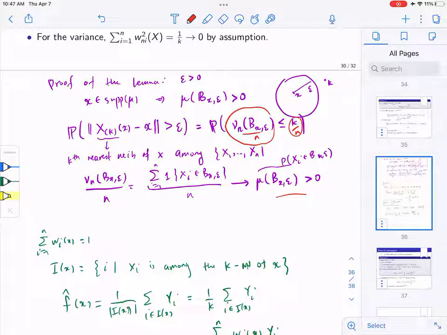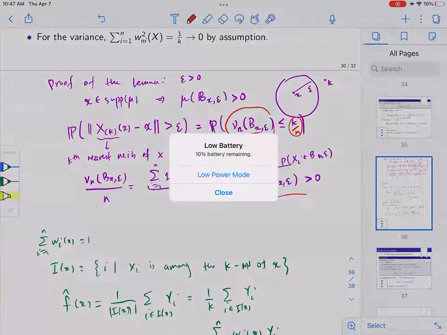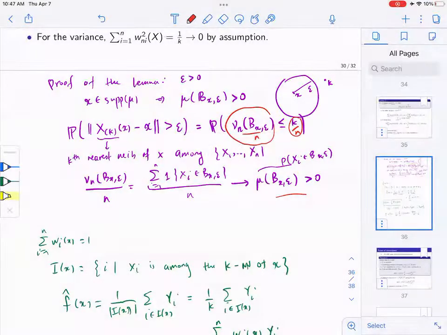You have to formally argue it, but this converges in probability, actually almost surely because of the strong law of large numbers, to 0. So this converges to something positive because we're in the support, and this goes to 0 by assumption. So this event is going to be empty eventually, so this has to go to 0. You can make it formal, but that's basically the idea.